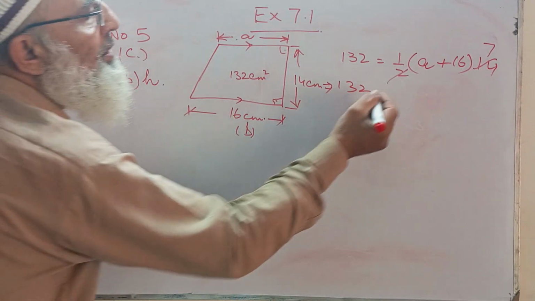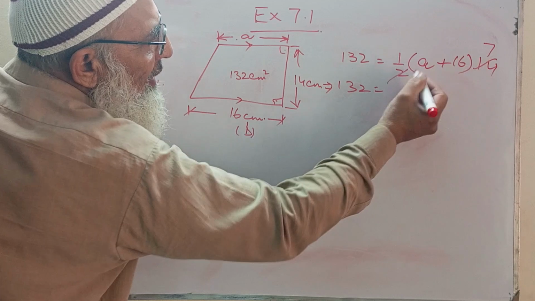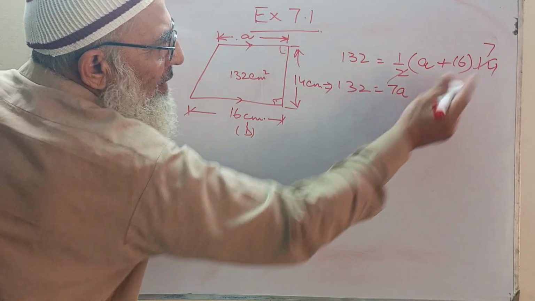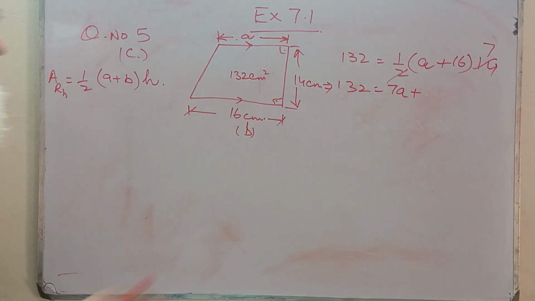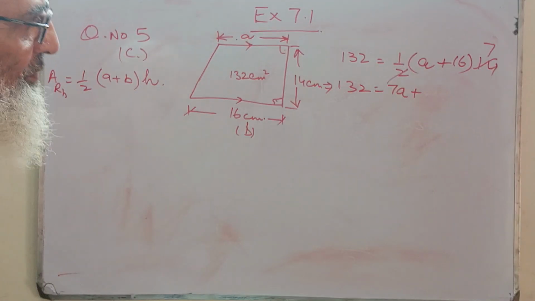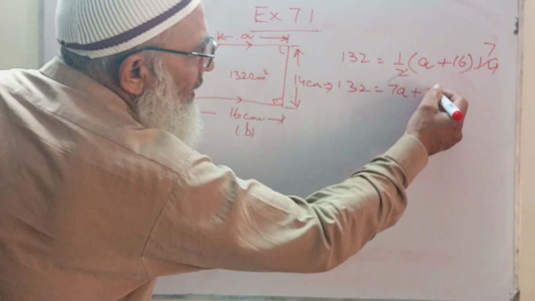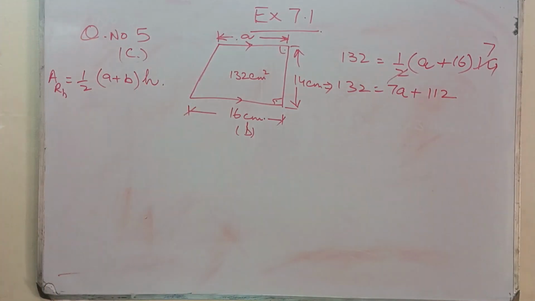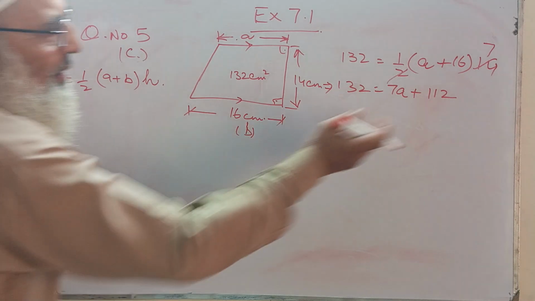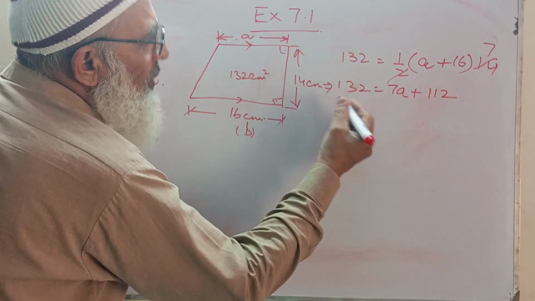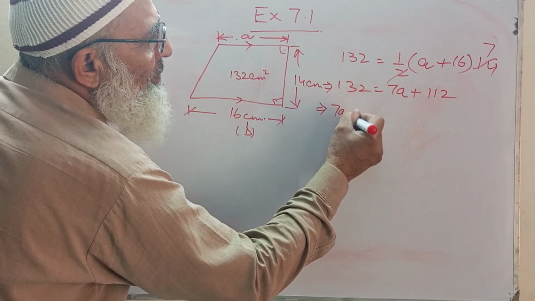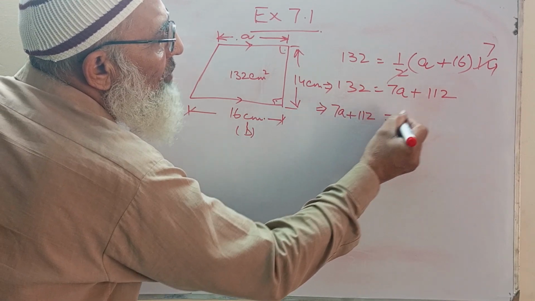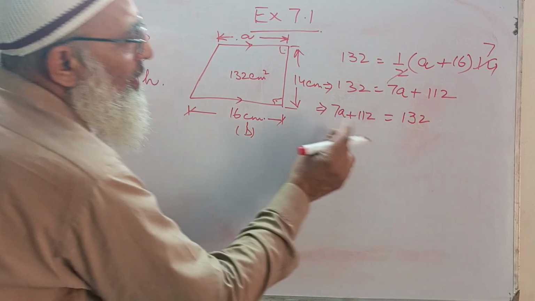It implies 132 is equal to 7A plus 7 with 16, which is 112. 16 times 7 is 112. Let me swap the sides first: 7A plus 112 is equal to 132.